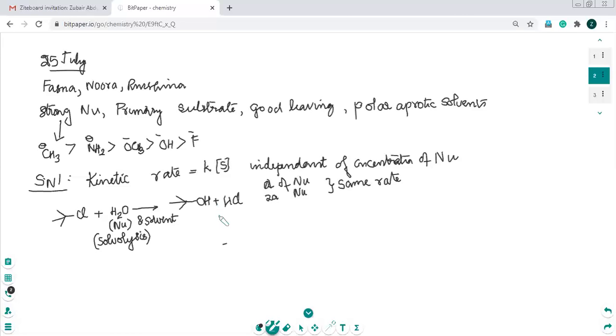You are using excess water, therefore you are not concerned about the concentration of the water.